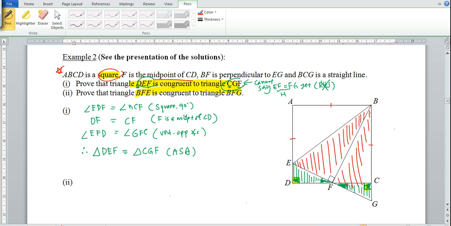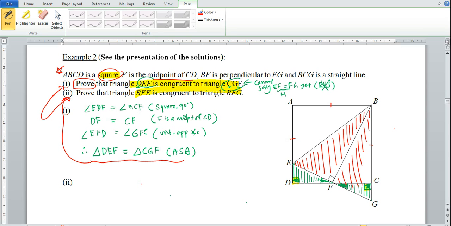Now, please remember something. As long as you have proven something in part 1, if you need this result in part 2, you can always use it back in part 2. Later there will be something that we can show you about how we can use part 1 and part 2.